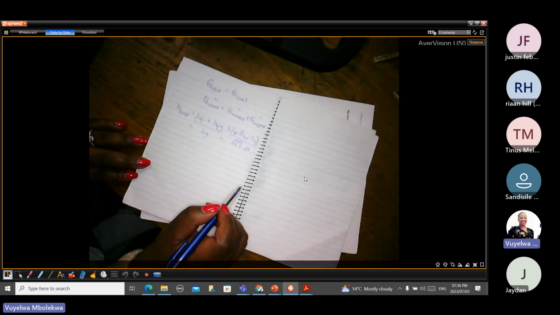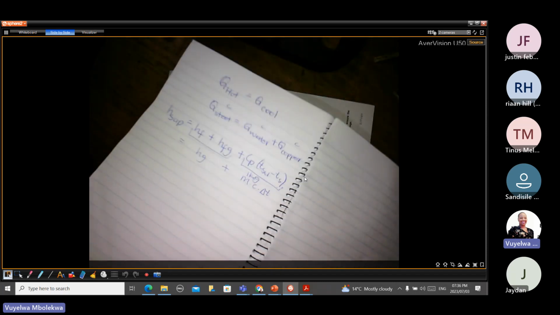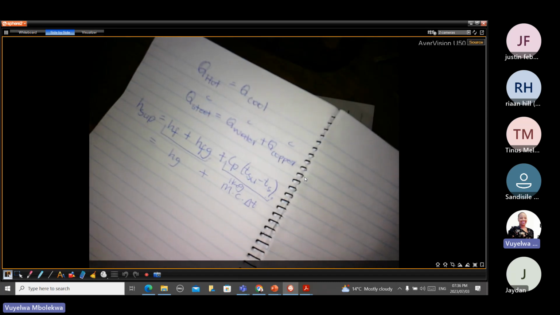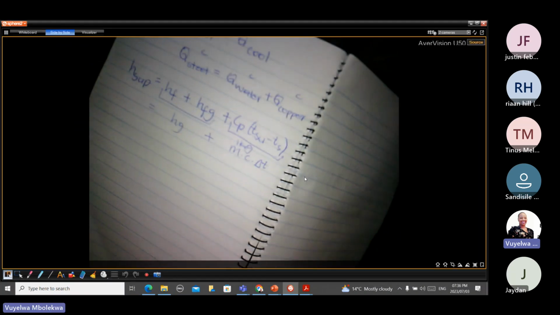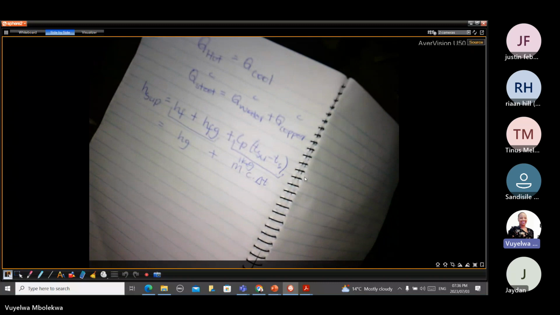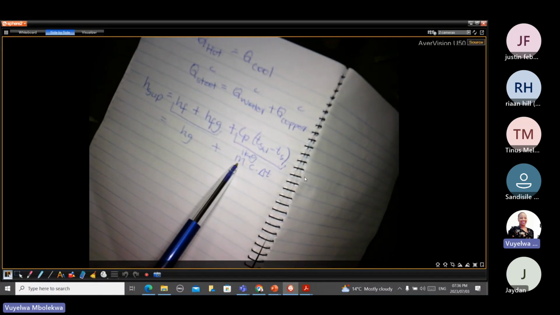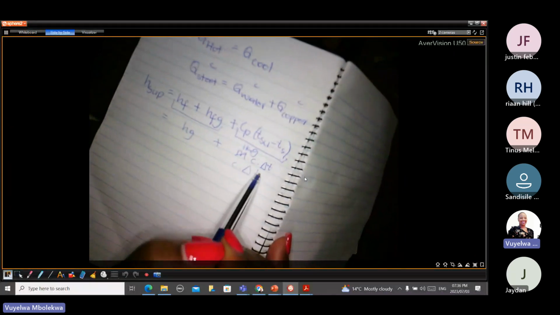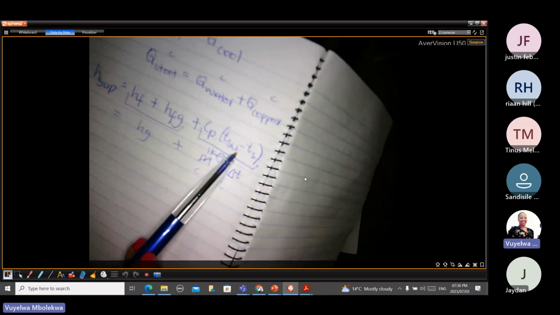Remember, I said the values that you have on the steam tables are all derived looking at 1 kilogram. So this part is your mC delta T, but because you're calculating for 1, you omit the m and you have C times delta T. Your delta T is your superheated temperature minus your saturation temperature.